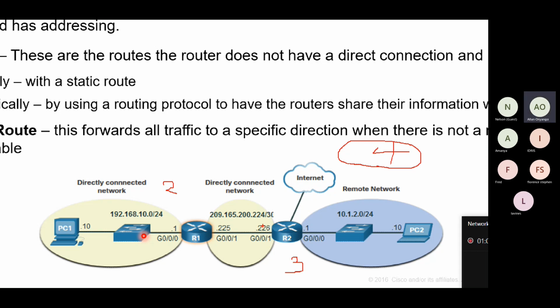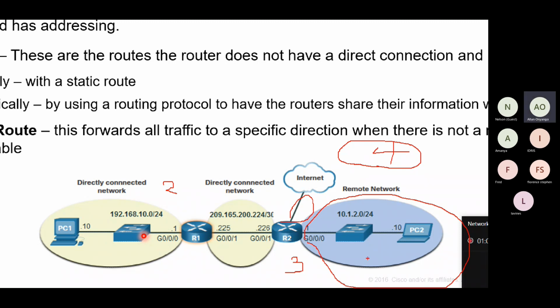Even though they are not directly connected to R1, they are directly connected to R2. How do we call networks that are not directly connected to a router? The network to the internet and the network to the remote network are not directly connected to R1. R1 calls them remote networks.